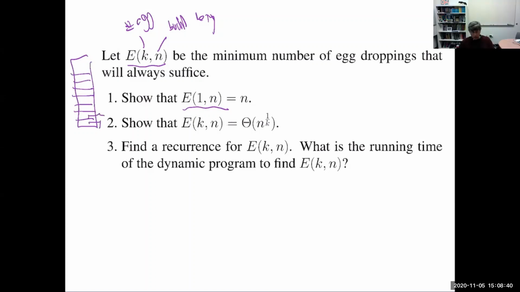Basically keep tossing the egg out of successive floors until you get the splat. And in the worst case, you toss it off and you find that at the top floor, it still doesn't break, or it does break. But that's what it is. Does everybody see that E of 1n is n?